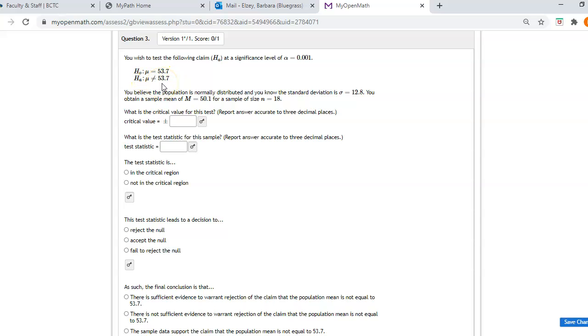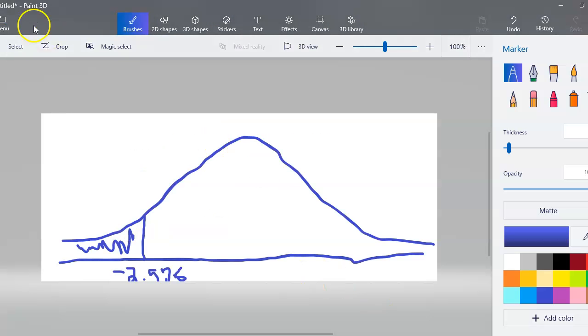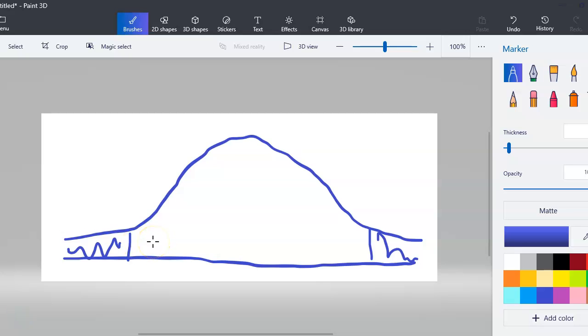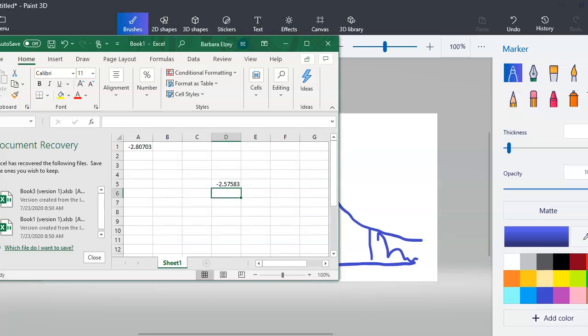Now, the rest of them you're going to do in a similar fashion, but if our alternate is not equal to, when we start our process for the critical value, we have to divide alpha by 2 because there's a two-tailed picture. For that two-tailed test, it's going to look like this, where we have a tail out here that is a rejection region and a tail out here on the right that's a rejection region. The only thing that's different is finding the critical value.